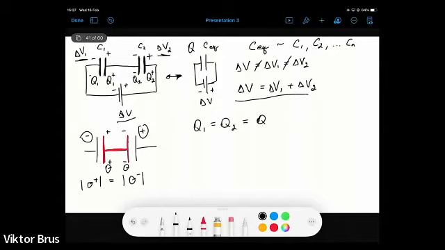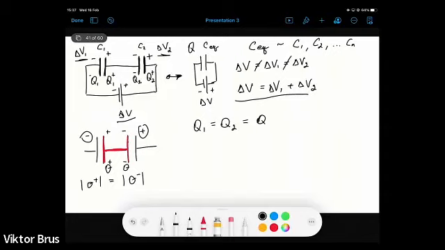So that comes from the principle of electrical neutrality of this internal isolated conductor, which consists of the right plate of the first capacitor, the left plate of the second capacitor, and the metal wire which connects them. And they are isolated. They were electrically neutral before.